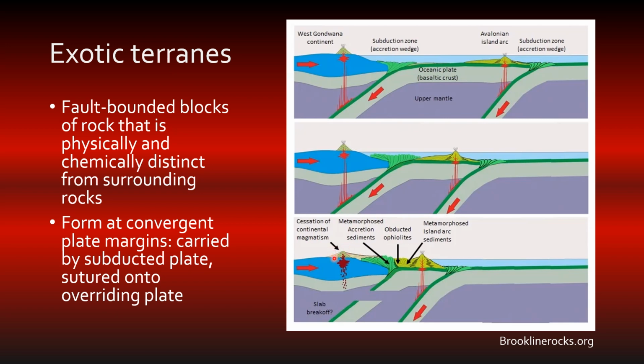And then there's no longer active volcanism on the volcano here. So this accretionary wedge is getting pushed by this stuff behind it. It heats up, it gets pressurized, and it metamorphoses that accretionary sediment, right? This ocean sediment here that was being scraped. More on that when we get to metamorphic rocks.